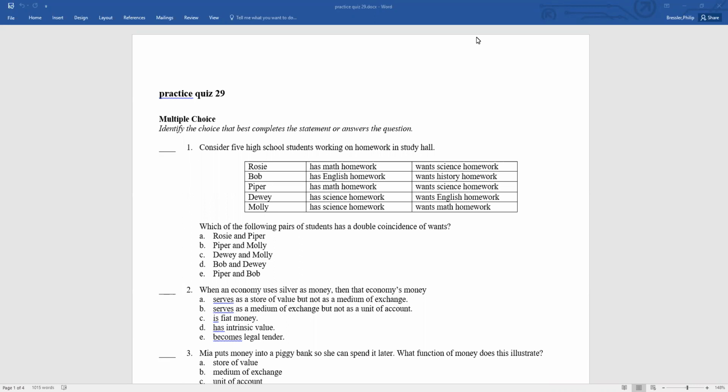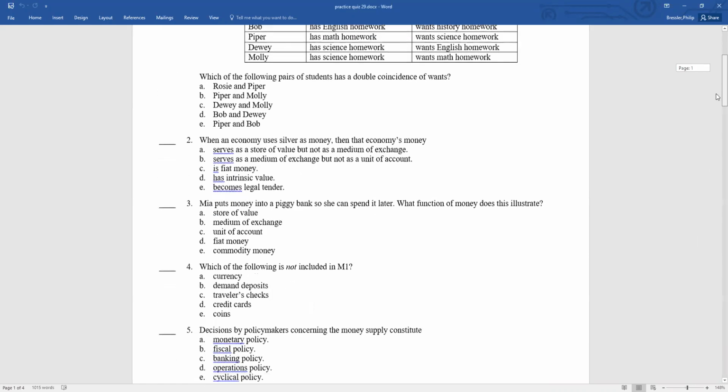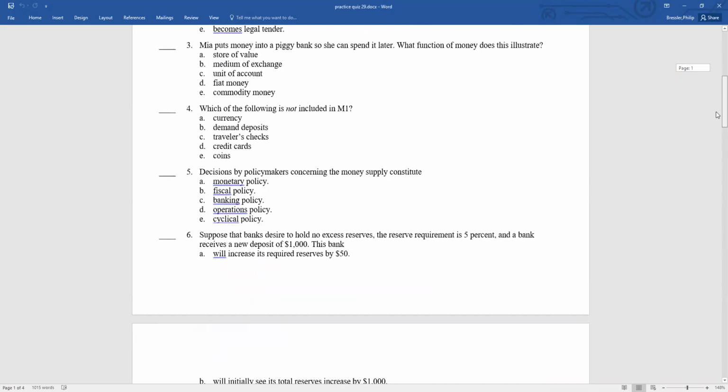When an economy uses paper money or coins, the economy has fiat money, because fiat money has no intrinsic value. So if that paper is not used for money, it is worthless.